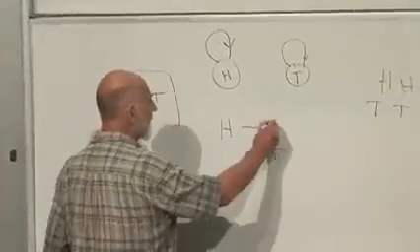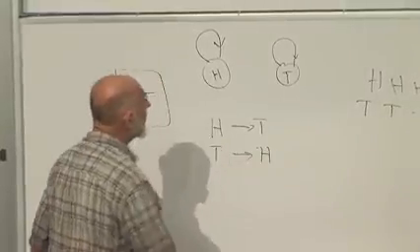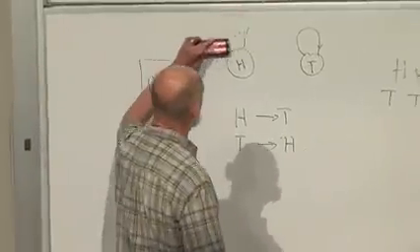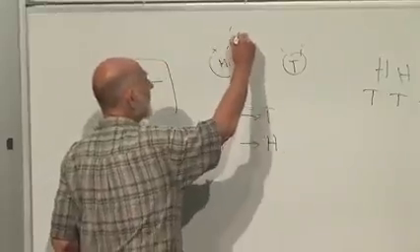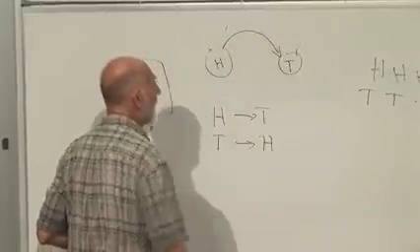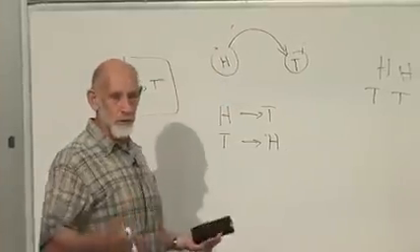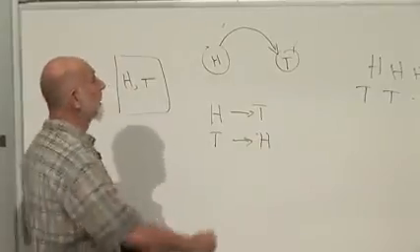Tails goes to heads. And we can make a picture of it. We could picture this law of motion by, again, arrows. An arrow from heads to tails, which says that if you start at heads, the tail end of the arrow always means what you start with. The head end of the arrow means where you'll end up.